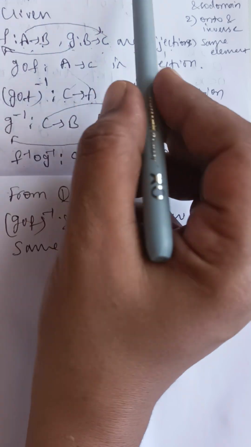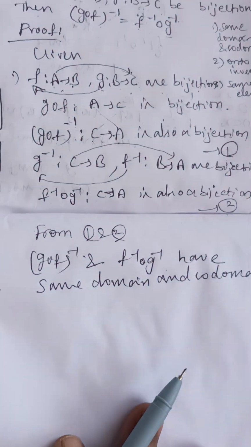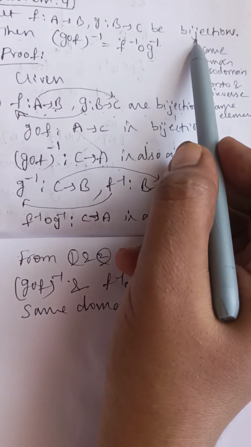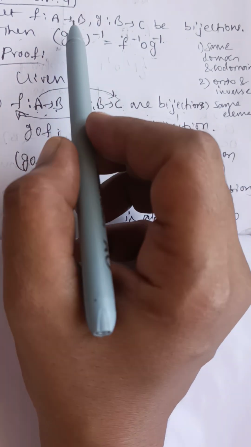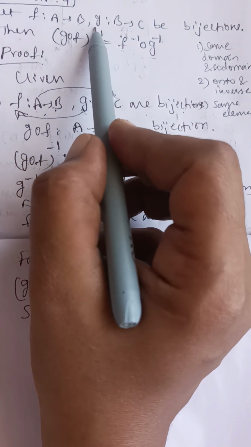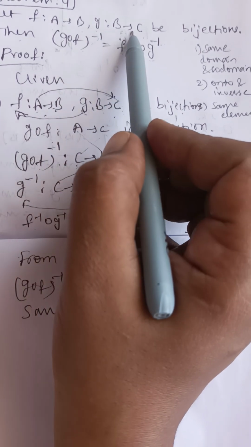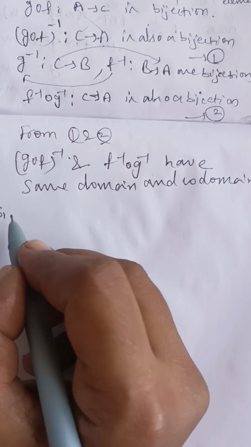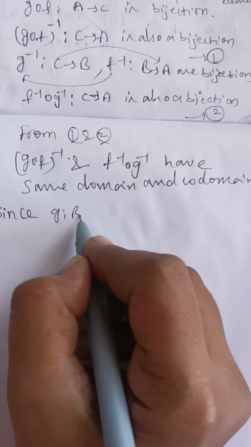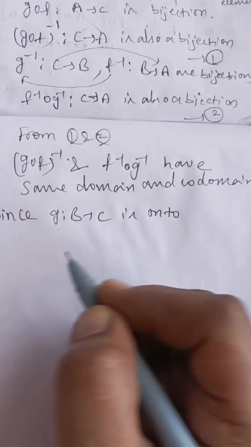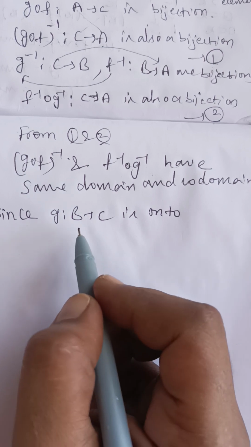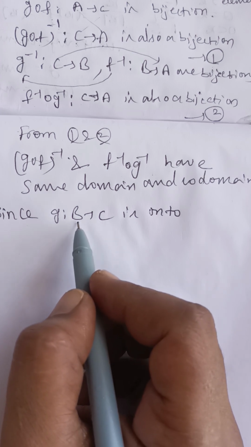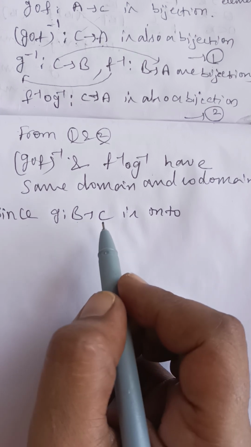Okay, here the two functions F and G are bijections. Bijections means one-one and onto. So you are writing the definition of an onto function. To write the onto function, we have to select the second thing first. So G maps B to C is onto. Since G maps B to C is onto, or a surjection, the definition for an onto function is: take an element in the second set, then there exists an element in the first set such that G of b equals c.